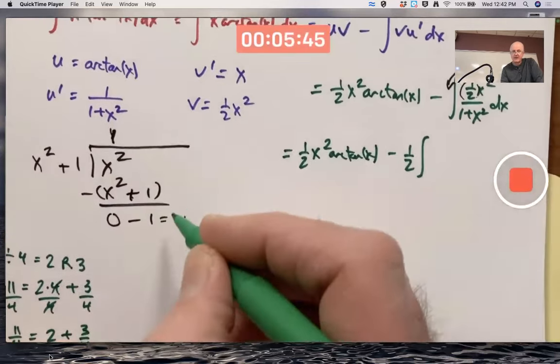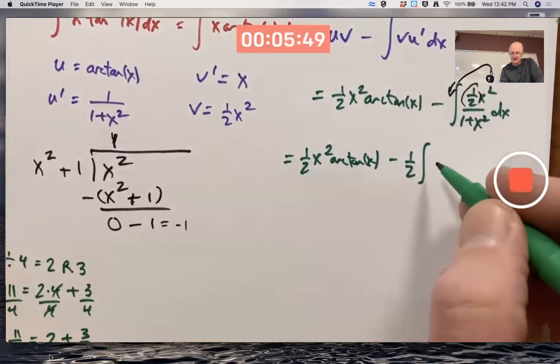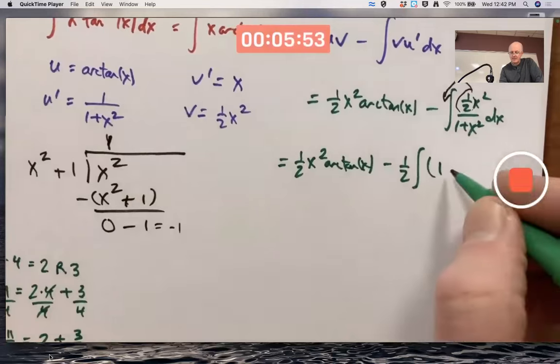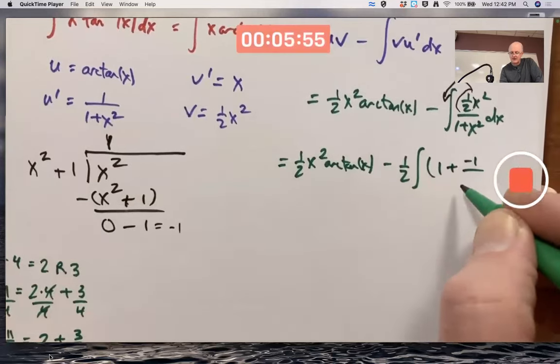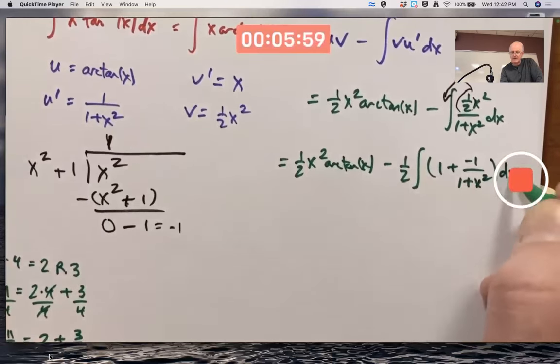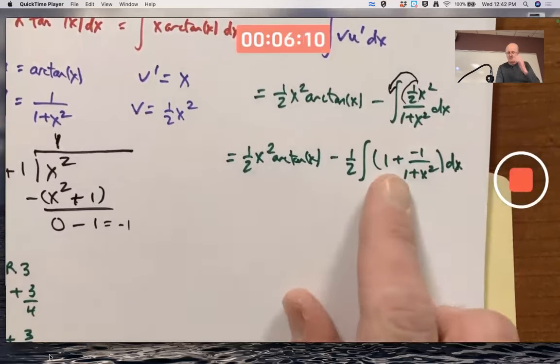For the polynomials, the remainder is -1, and the thing I was dividing by was x squared plus 1. The quotient is 1. The remainder is -1. I can rewrite the function like that. A little confusing, okay?